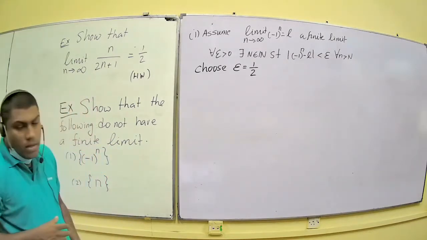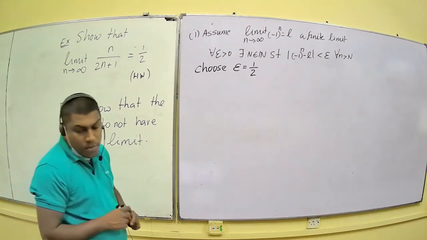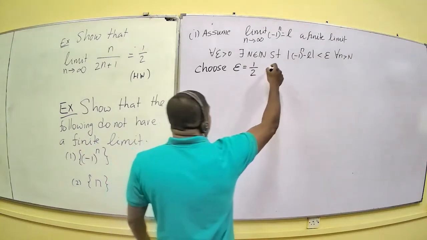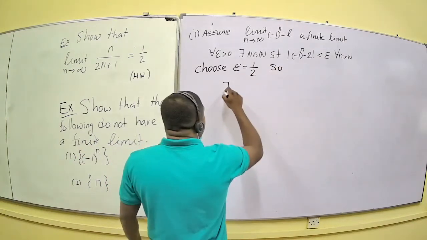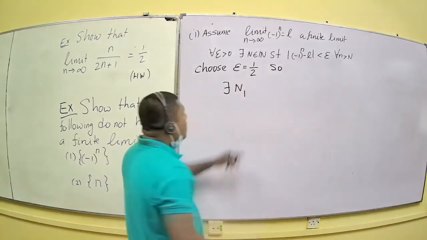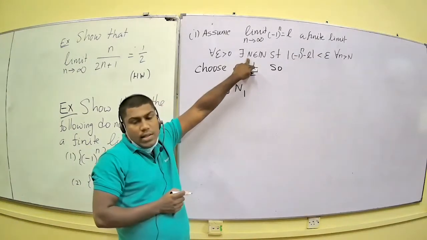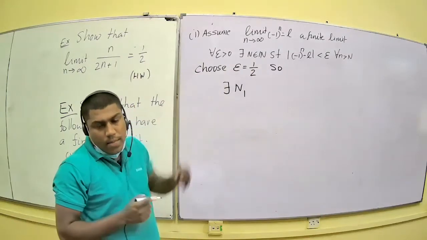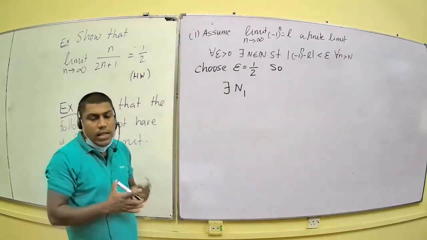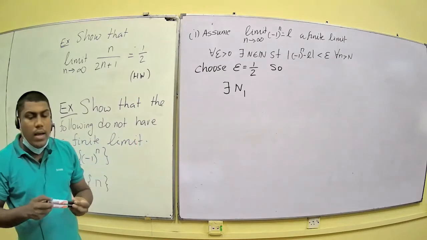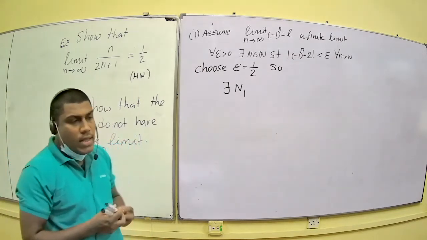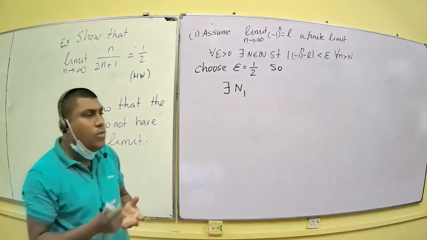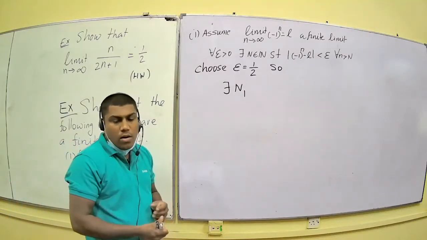So for this epsilon, there exists some N1, because by the Archimedean property, this N depends on epsilon. In the previous example, you chose capital N such that 1 upon epsilon is less than capital N. So the choice of N depends on epsilon.